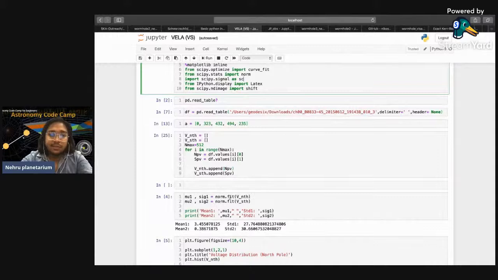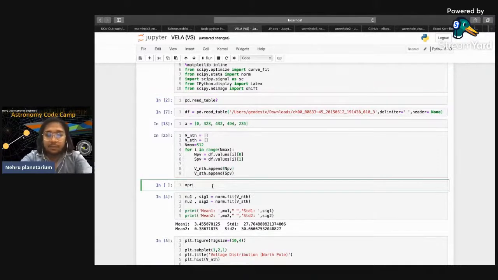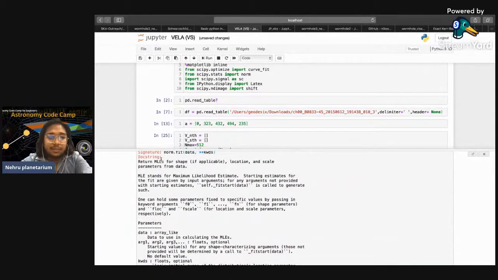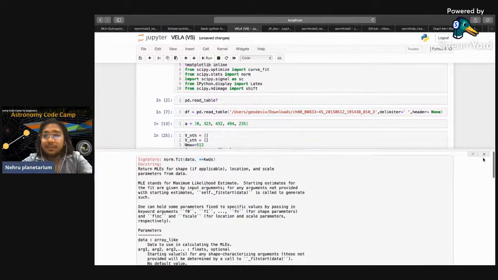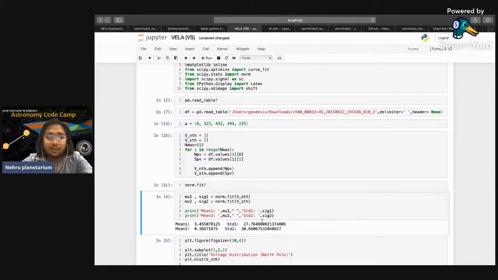There's a function called fit, norm.fit. It returns the MLE values, the maximum likelihood estimate. You need not worry about that for now.